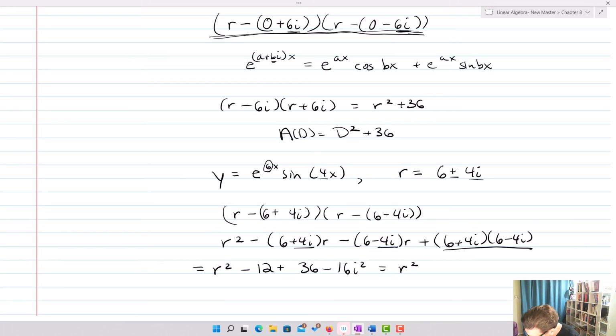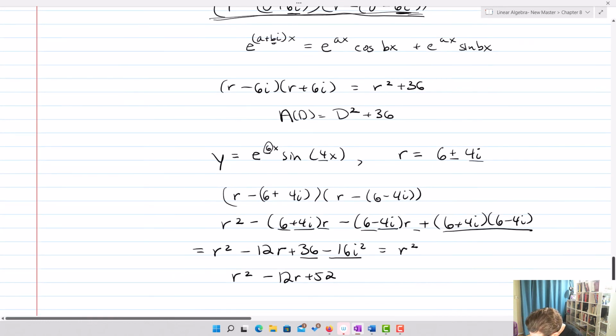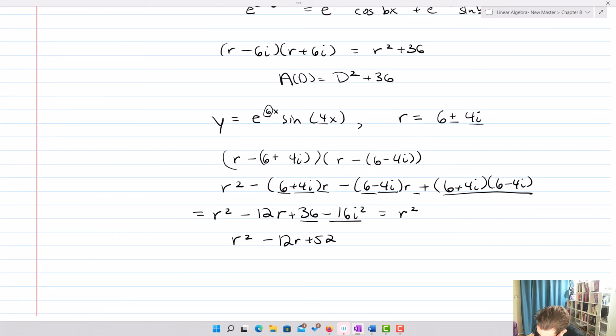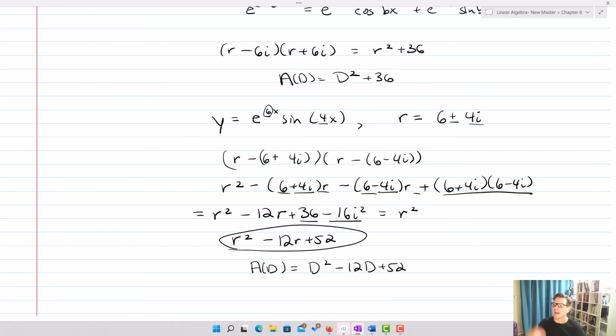So that ends up being 36 plus 16, which is 52. So this is r squared minus 12r plus 52. And consequently, we're going to use that now to create our annihilator. So A of D in this case is going to equal D squared minus 12D plus 52, by just bringing back the differential operator.